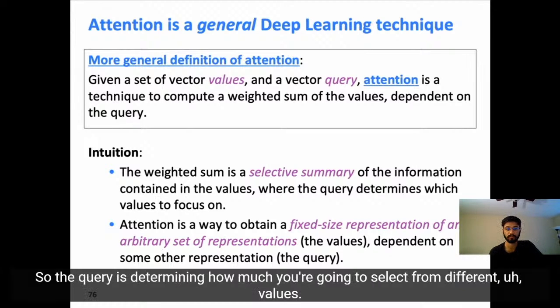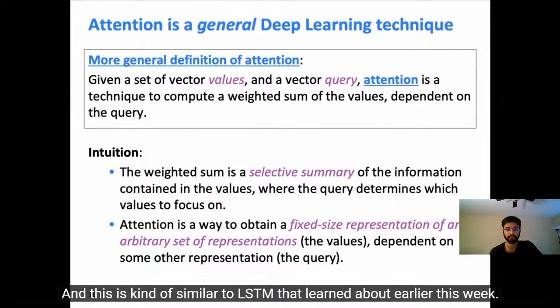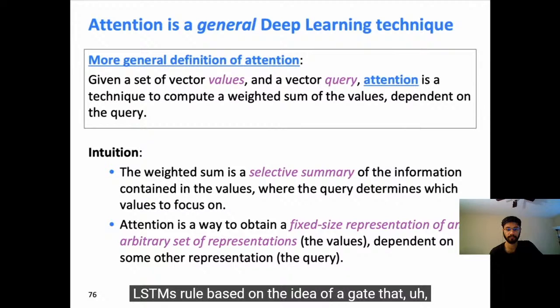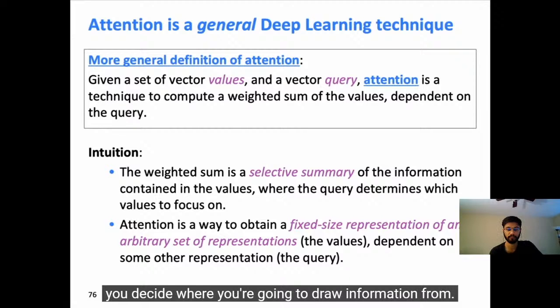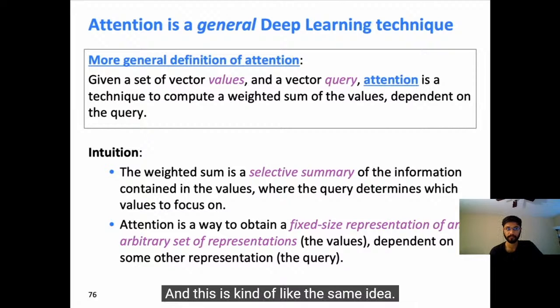So the query is determining how much you're going to select from different values. And this is kind of similar to LSTMs that we learned about earlier this week. LSTMs are all based on the idea of a gate that defines how much information should come from different elements. And the gate depends on the context. So the strength of LSTMs came from the idea that based on the context, you decide where you're going to draw information from. And this is kind of like the same idea.